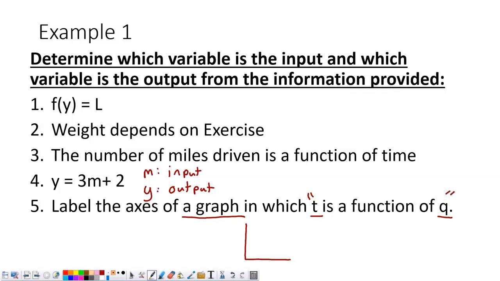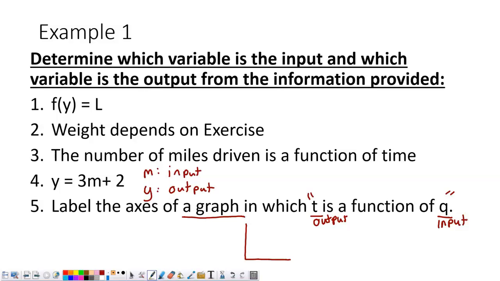So first of all, let's take a look at the verbal representation of the function. T would be the output because it comes first in the sentence. Now, some of you guys might be thinking, Mr. Bailey, you said time is always the input. I didn't say t was time in this case. It's just t. We don't know what it is. Okay? So the one that comes first in a verbal representation is the output. The one that comes second is the input. So we know that we have two variables, t and q. We know that t is the output, q is the input.